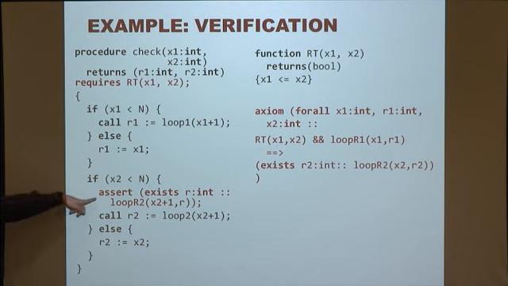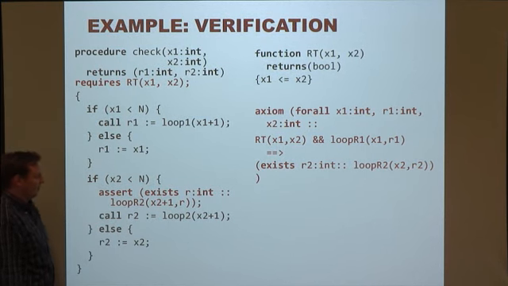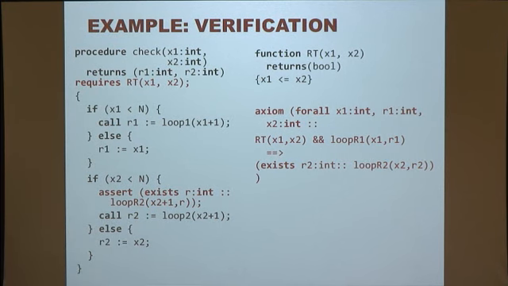So this assertion here proves that you're terminating at this level. This is the encoding. Any other questions? Here, loop R1 means that it possibly terminates on input X with output R1. Right. So we're proving there is some execution from X1 to R1. Right.